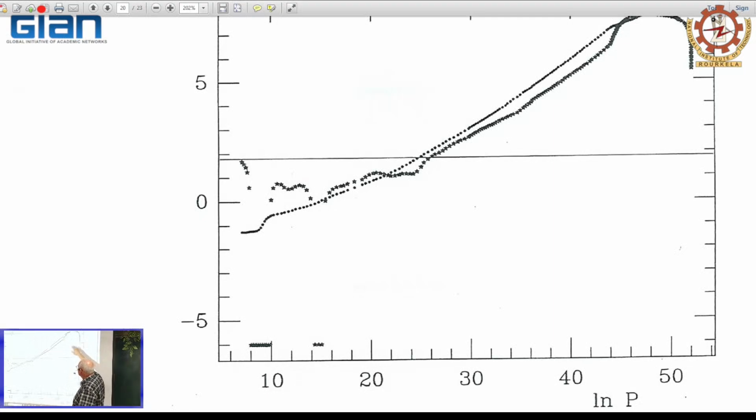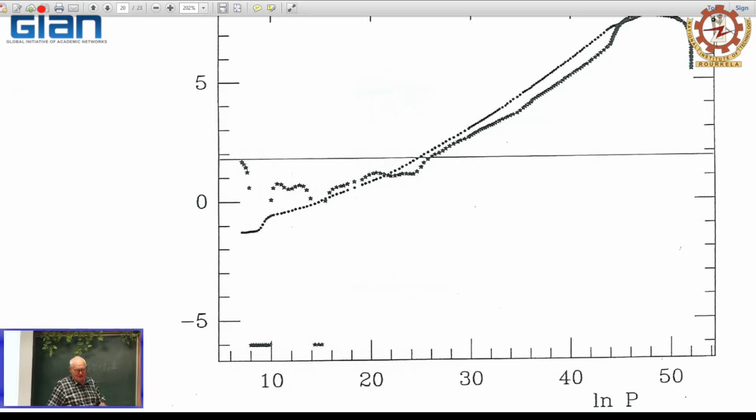It enters a propagation region which extends essentially down to the very center. So what we expect is propagation out here as a p mode, propagation down there as a g mode, and an evanescent region around log p around 25.